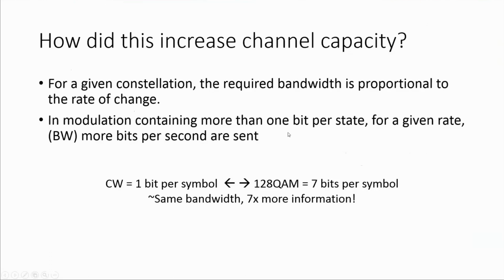So for a given symbol rate, more bits are sent. So in CW, we have 1 bit per symbol, on or off. In 128 QAM, you have 7 bits per symbol. So if they were transmitted at the same rate of change, we can get 7 times more information in this 128 QAM. But this is coherent, necessarily coherent, so we have to do synchronization.